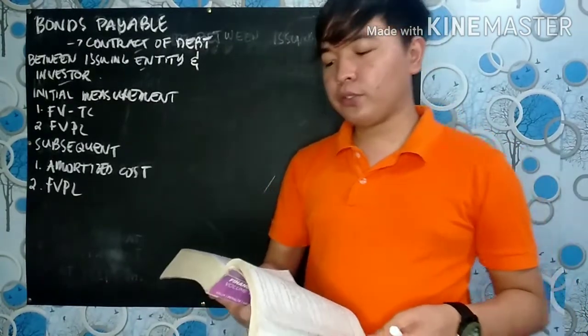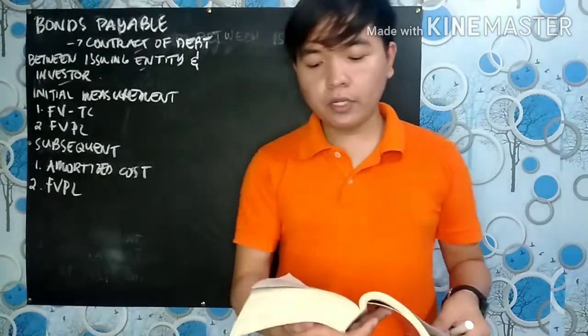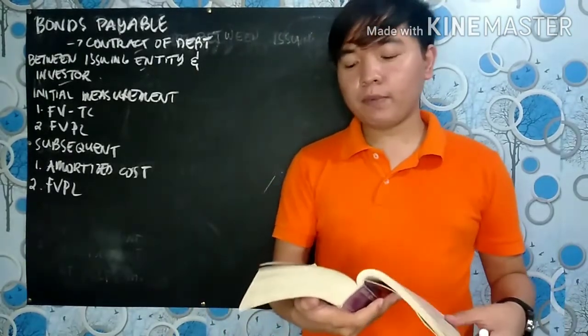So, bond indenture or deed of trust is the document which shows in detail the terms of the loan and the rights and duties of the borrower and other parties to the contract.